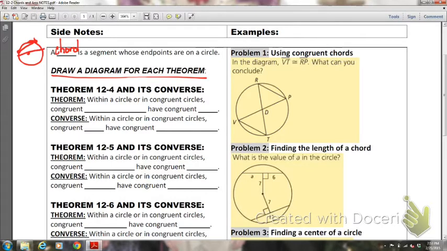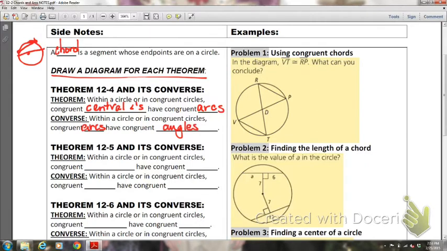So the first theorem says within a circle or in congruent circles, congruent central angles have congruent arcs. And the converse of this says that within a circle or in congruent circles, congruent arcs have congruent central angles.